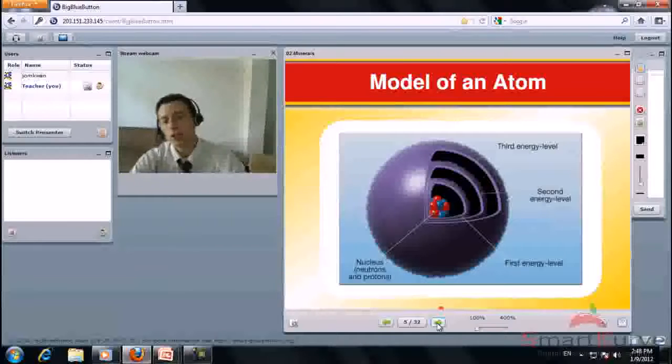So you can imagine the electrons filling those energy levels one at a time. They start with the first energy level, and electrons will not start to fill the second energy level until the first energy level is completely full, until there's no more room in that first energy level.